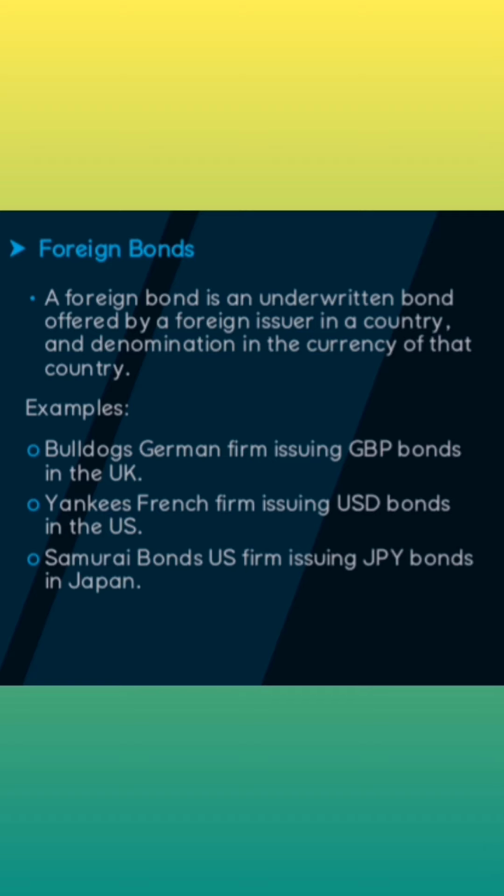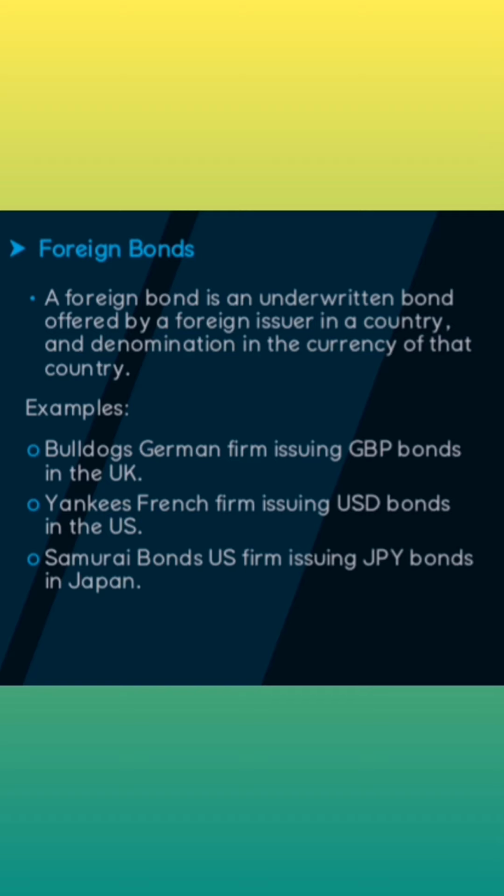Also, domestic investors can diversify internationally by owning foreign bonds, since they are traded on local exchanges that are easier to acquire. In other words, foreign bonds are issued by a foreign government or a corporation in the domestic market.